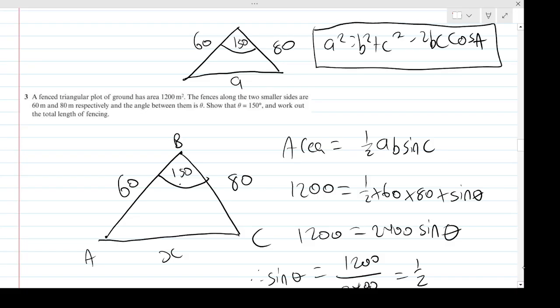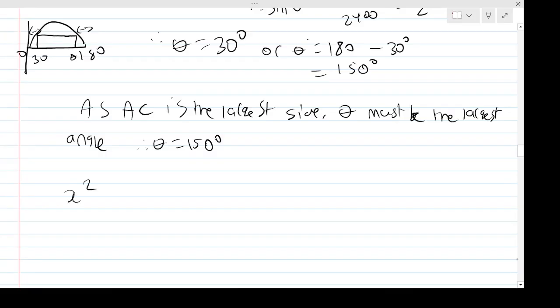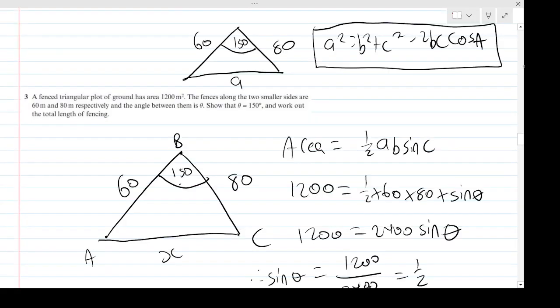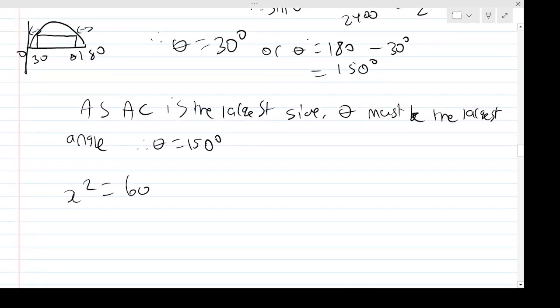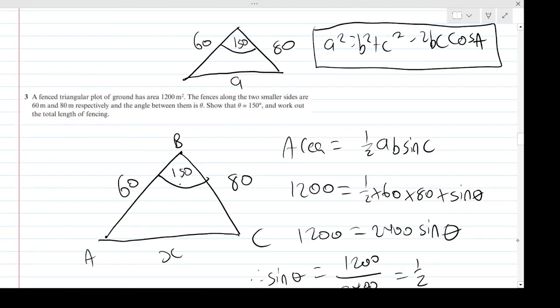So if I do that here then, we can say X squared is going to be the two sides squared, so 60 squared and 80 squared, take away 2 times 60 times 80 times the cosine of the angle between them, 150.